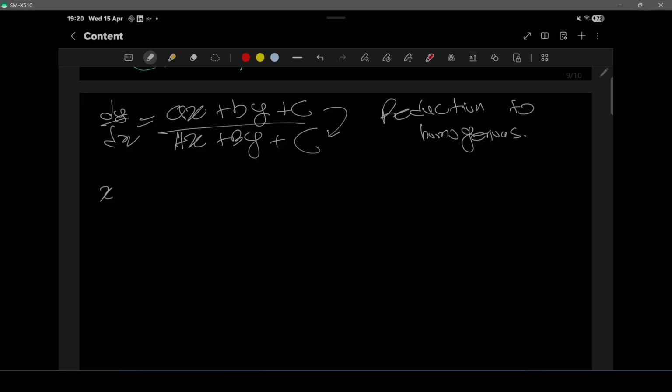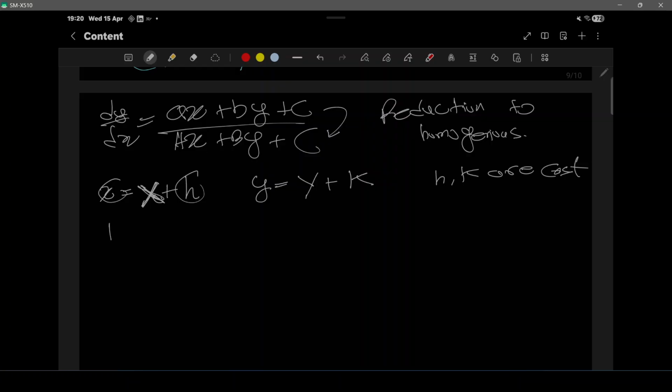We have two substitutions. For x, we substitute capital X equal to x plus h, and capital Y equal to y plus k. This capital X is another new variable that depends on x, and h and k are constants.